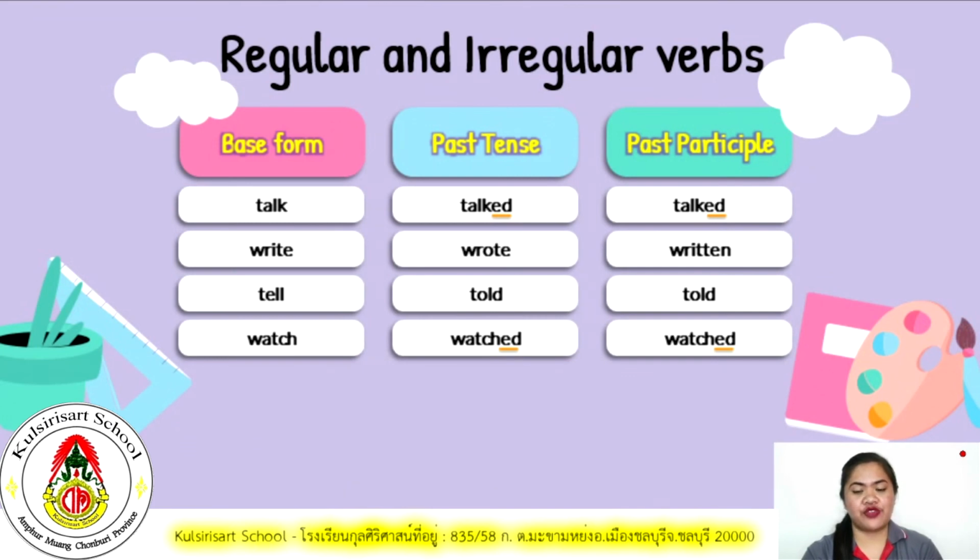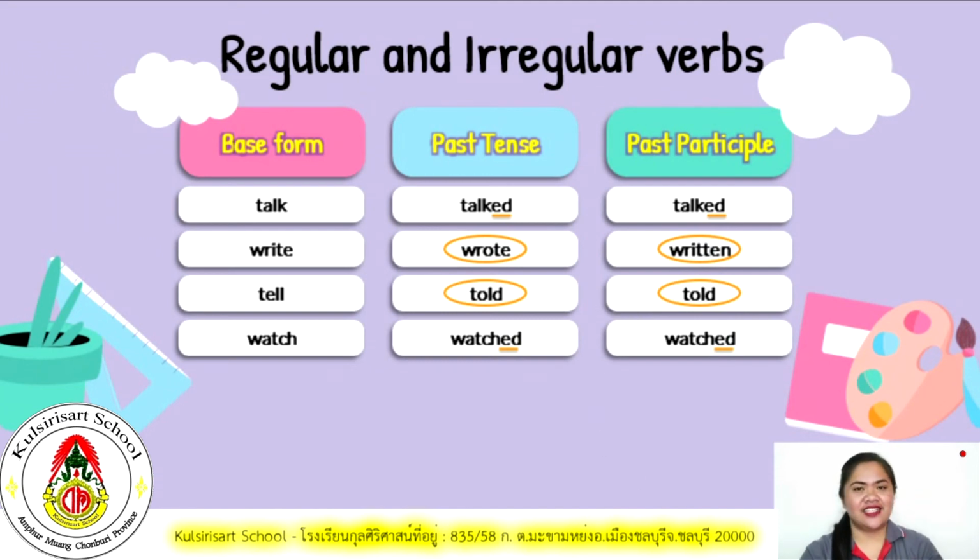Why do you think they are considered irregular verbs? Because the spelling and pronunciation of these words change as you change from past tense to past participle. Did you get it?